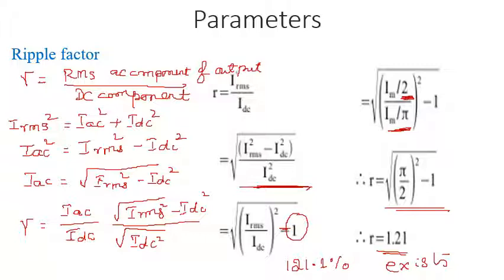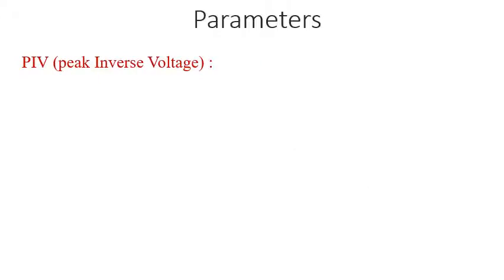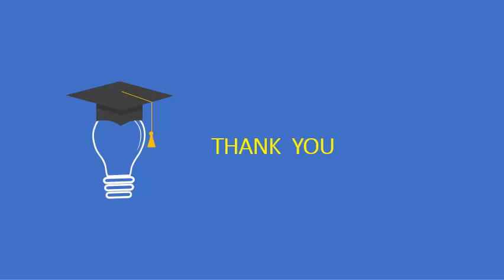That indicates that the half-wave rectifier is a very poor circuit to use as a rectifier. Peak inverse voltage or PIV of a diode is nothing but the maximum voltage Vm.